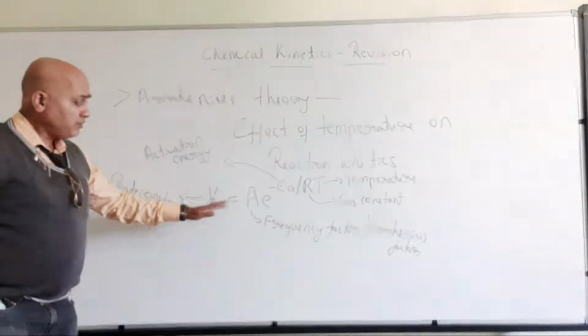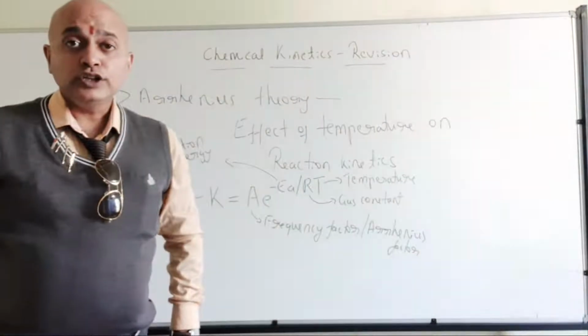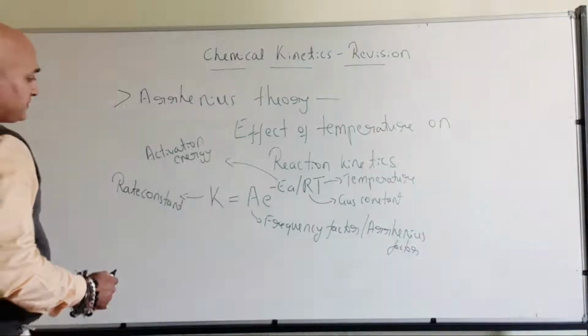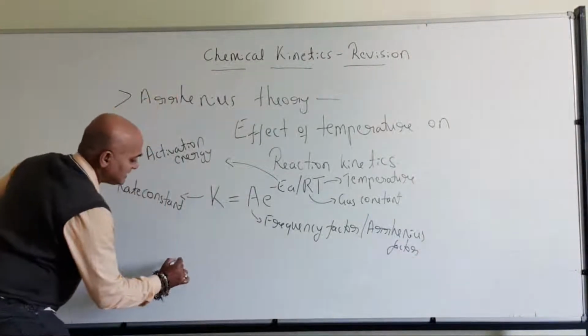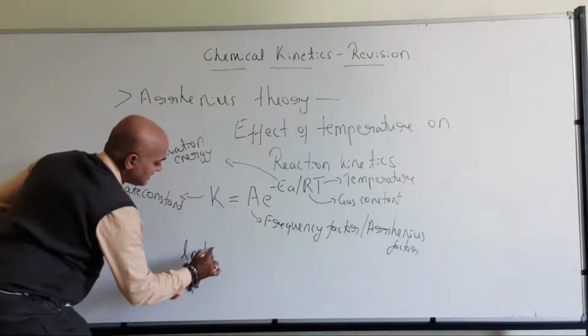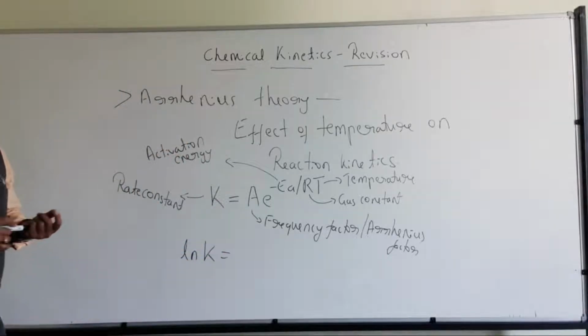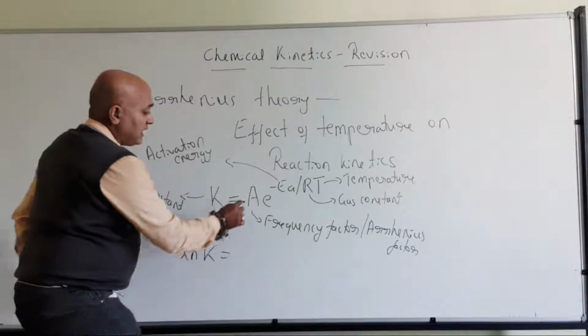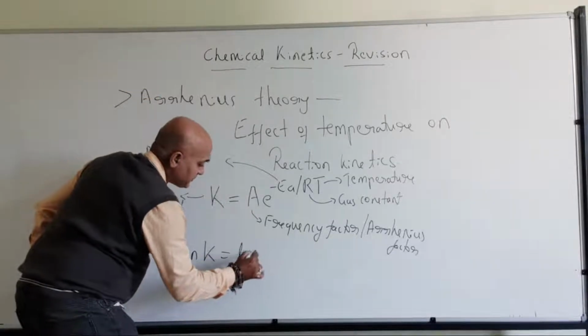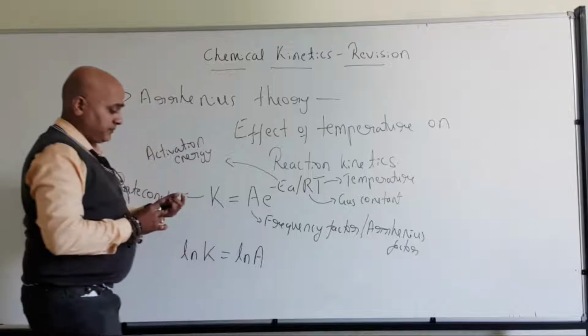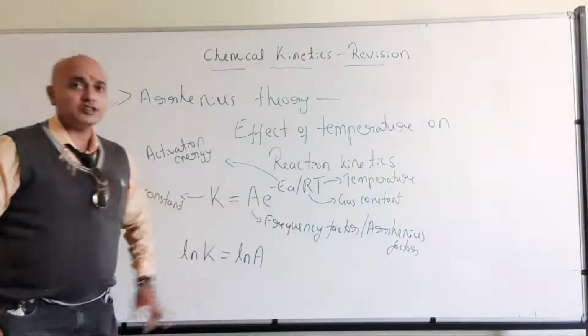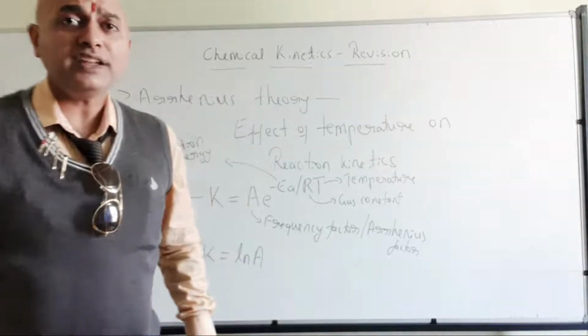Okay. So if I want to convert this into the natural logarithm, then k will become ln k, and then ln A. Since there is an exponential, the natural logarithm is to the base e only.